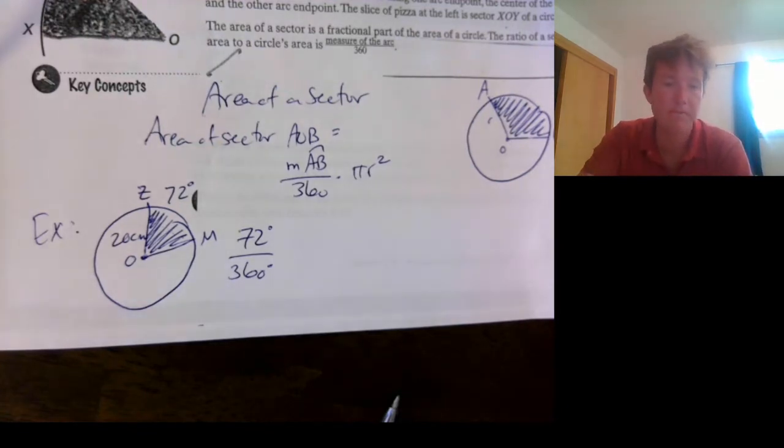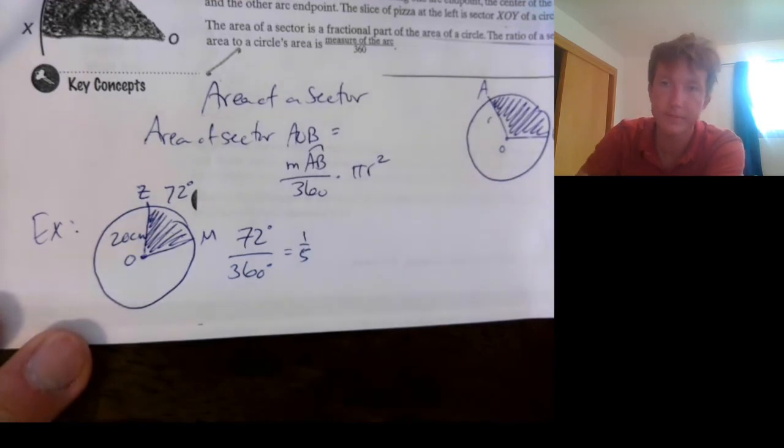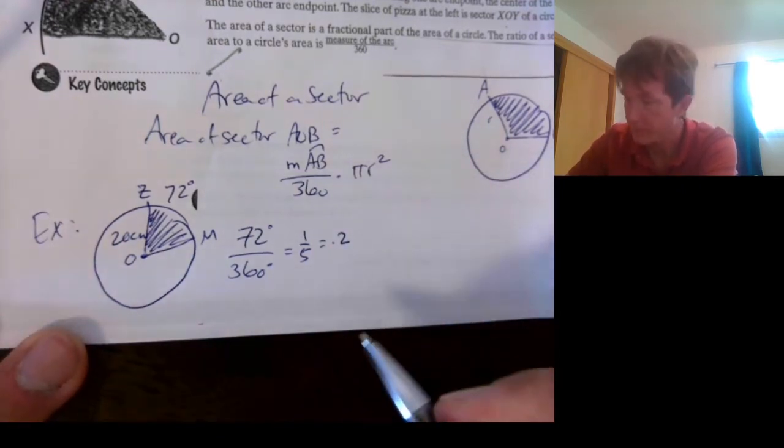Let's figure it out. Let's open up the calculator here. 72 divided by 360. Oh, how about that? It's 0.2, so this is a fifth of the circle. Alright. So that's a fifth of the circle, or it's 0.2 of the circle.